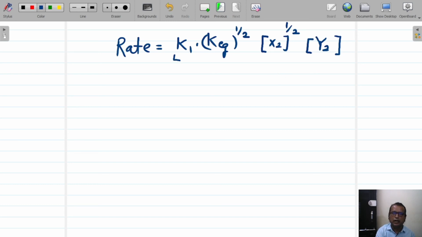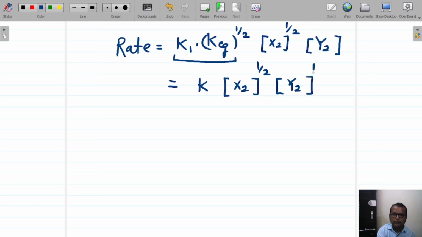K1 and K equilibrium raised to 1 by 2 are multiplied with each other to give K, with X2 raised to power 1 by 2 and Y2 raised to power 1. It is the rate law for your selected slow reaction.